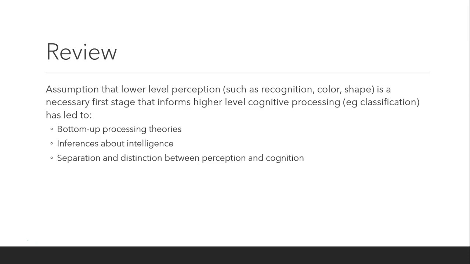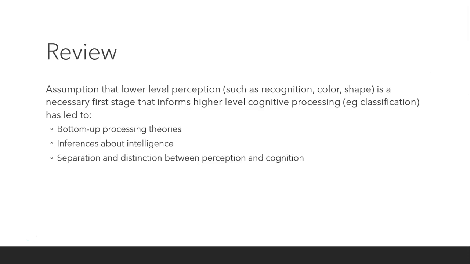The first has been bottom-up processing theories, but as we have seen, there is evidence for top-down processing as well. Thus, the assumption of a one-way directional arrow, assuming that one happens first, is a necessary first step, is called into question by recent studies. There is much more integration and synthesis here and less separation than we've previously thought.